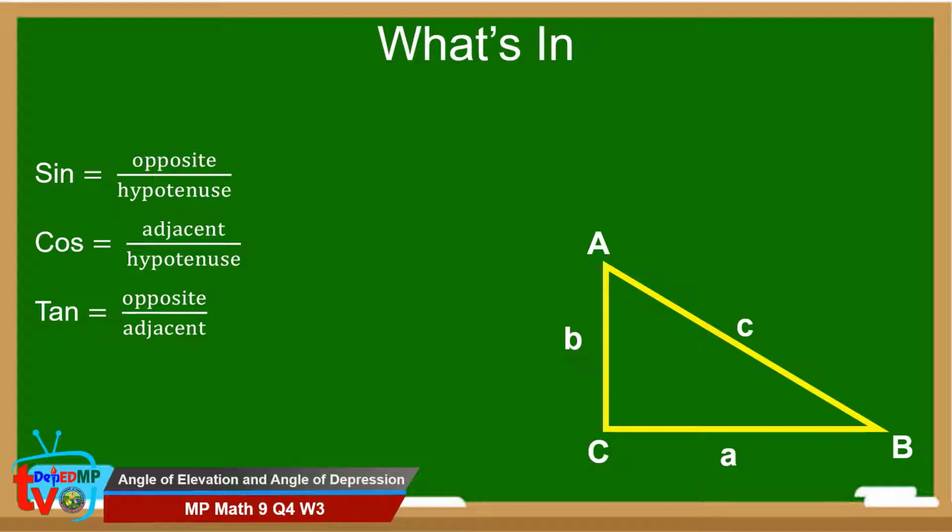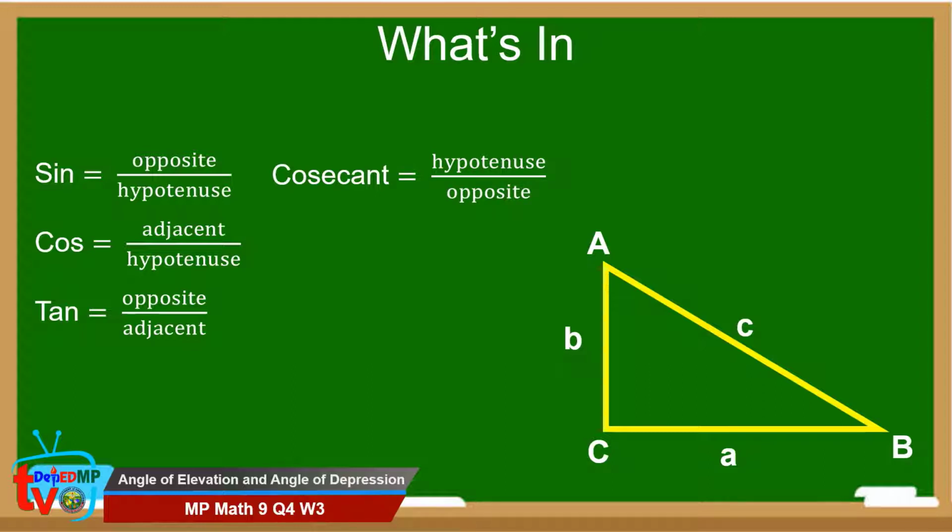Did you understand? If you try to see, we only have the 3 basic trigonometric ratios. Where are the other 3 basic trigonometric ratios? Well, it is the opposite of the first 3. Like, cosecant is equal to hypotenuse over opposite side.